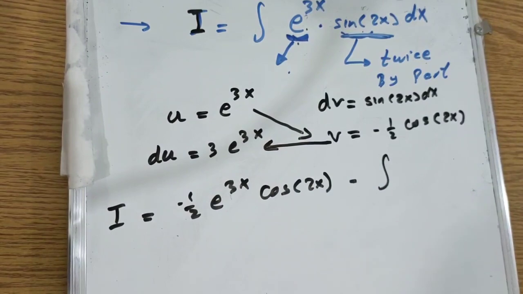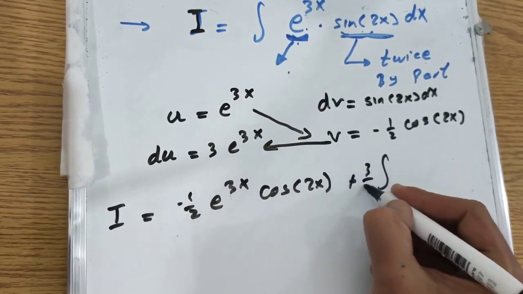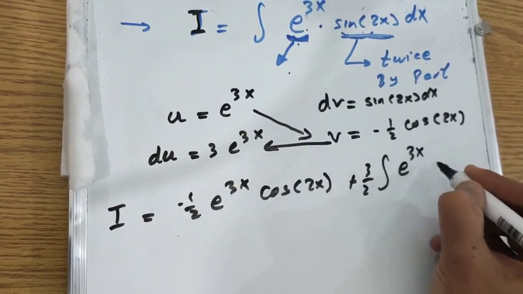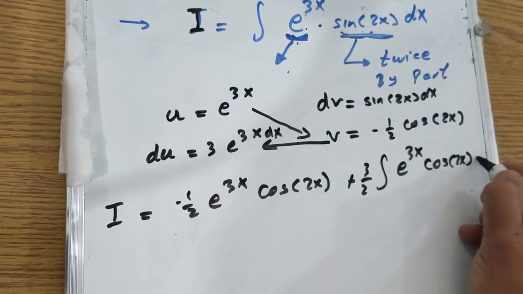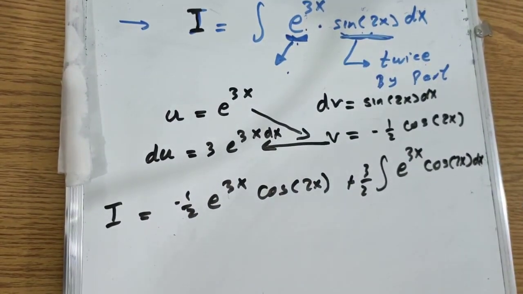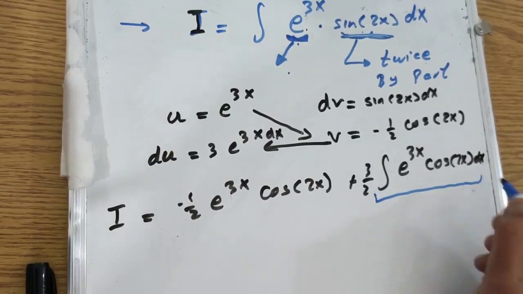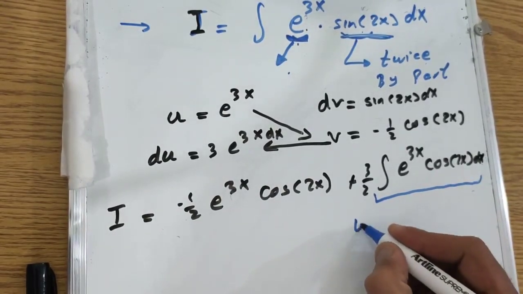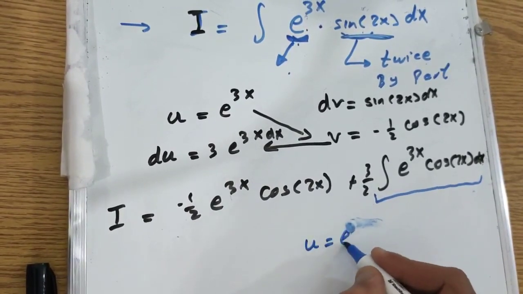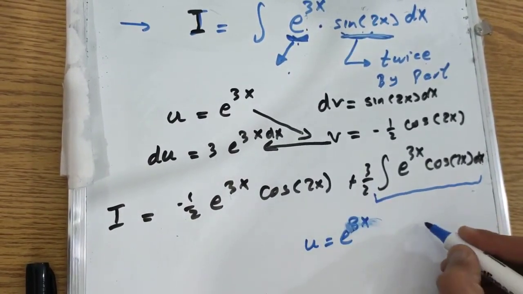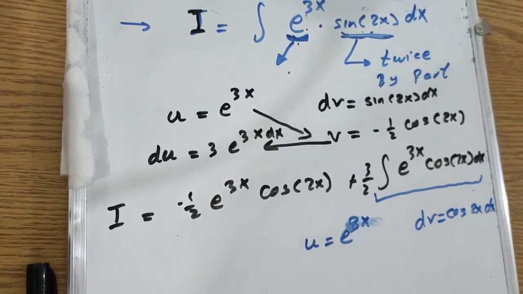And if we take the constant outside, it will be plus 3 over 2 integration e power 3x cosine 2x dx. Again, if we make integration by parts a second time for this integration and select u to be e power 3x, and the dv as cosine 2x dx.